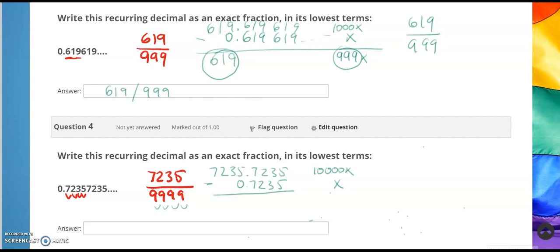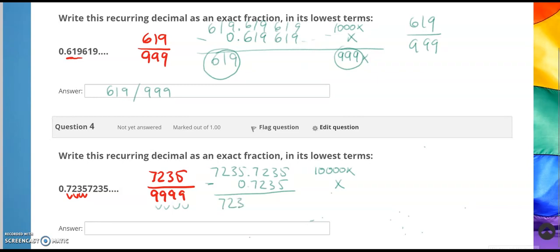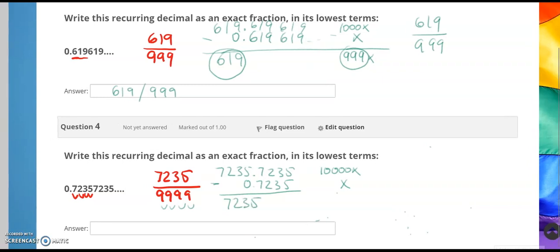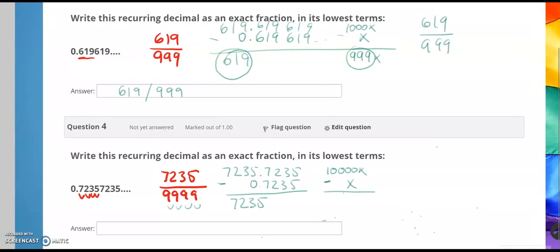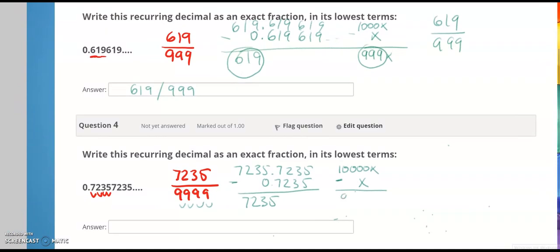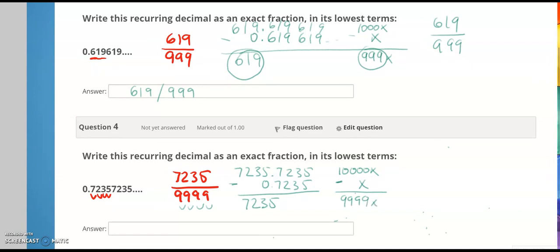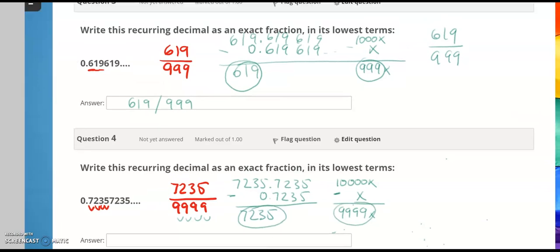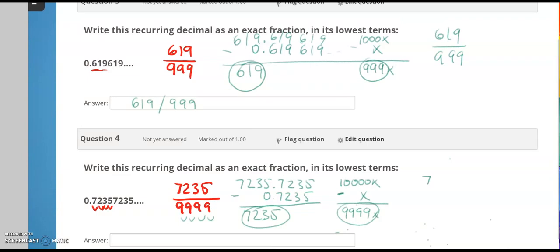Taking away, this leaves us with just 7,235. 10,000 take away 1, that is 9,999x. So this being the numerator and this the denominator, we get then 7,235 divided by 9,999.